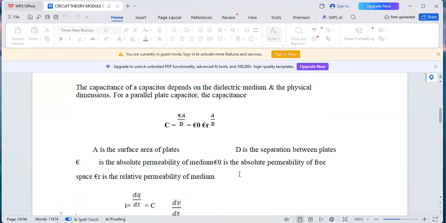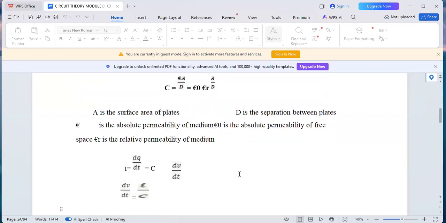So in this case, we can say that current is change in charge per change in time, which will be equal to capacitance times dV/dt. We know this already.